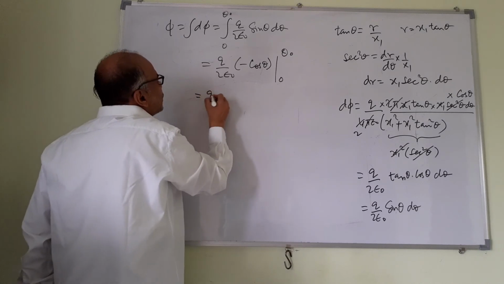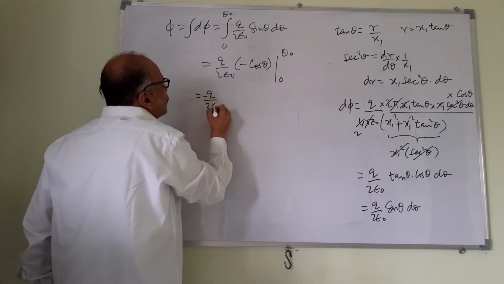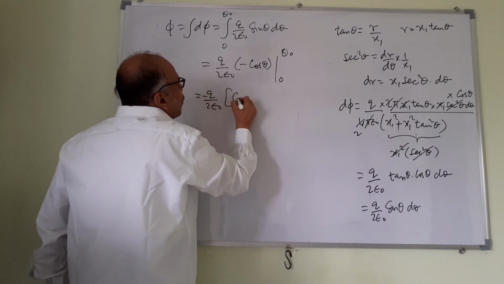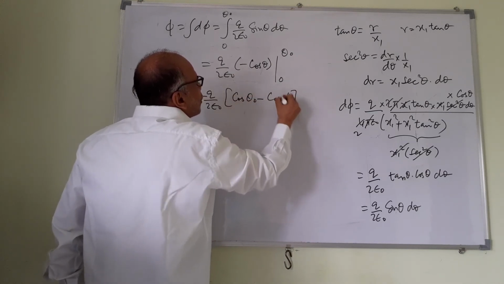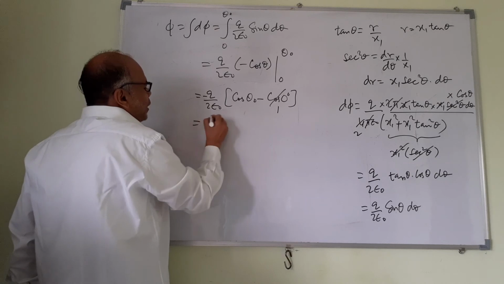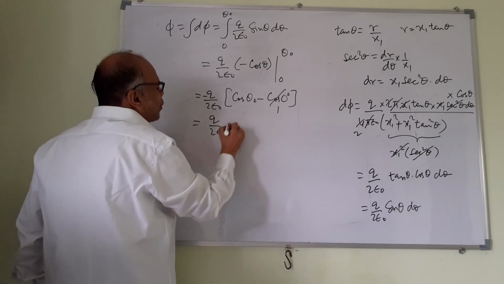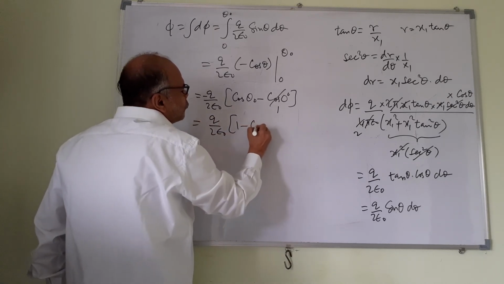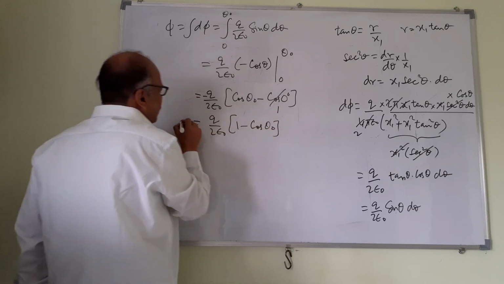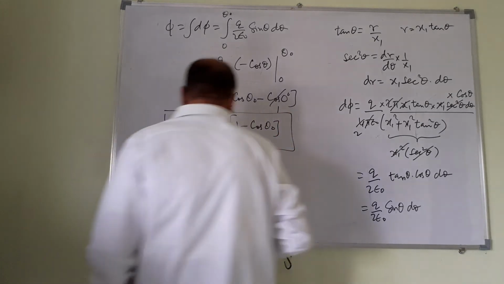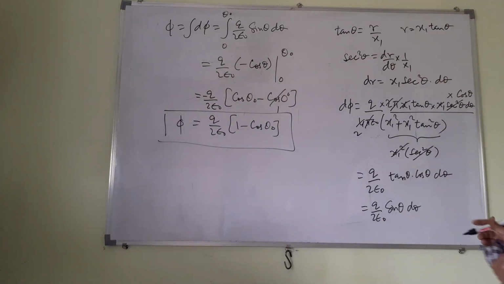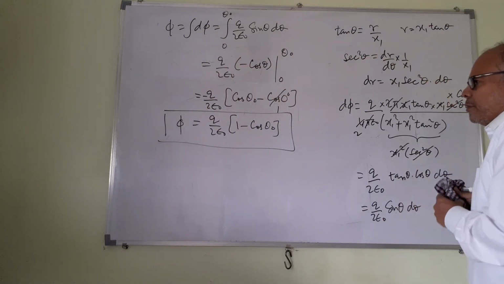So this will give us minus q by 2 epsilon naught times cos theta naught minus cos 0. Cos 0 is 1. So you will have q by 2 epsilon naught into 1 minus cos theta naught. That is the flux through that surface. Yes, that is the final answer.